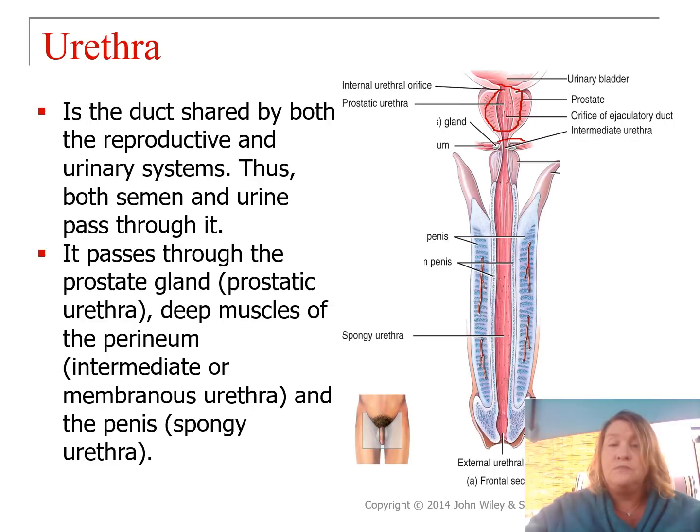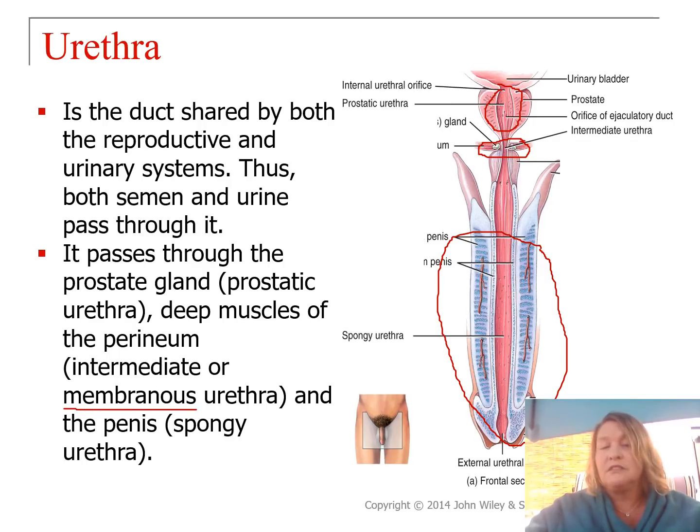Then there's this intermediate area, basically passes through the pelvic floor. And then you have the spongy urethra that's in the penis itself. Okay. Sometimes, by the way, the intermediate is also called the membranous. Just FYI. I'll put both.